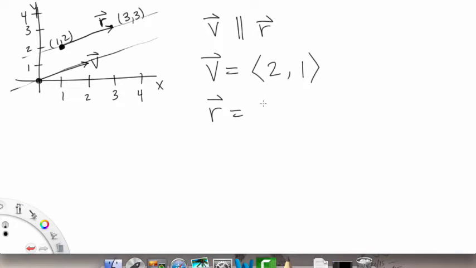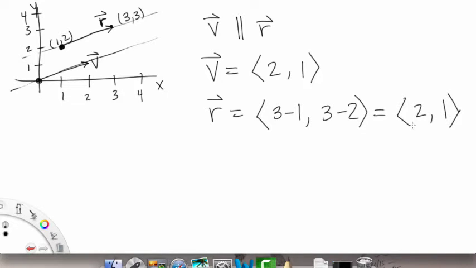So we can get our components by taking the endpoint minus the start point, or the base point. So we're going to do 3 minus 1, comma, 3 minus 2. And we actually get the same thing, 2, comma, 1.